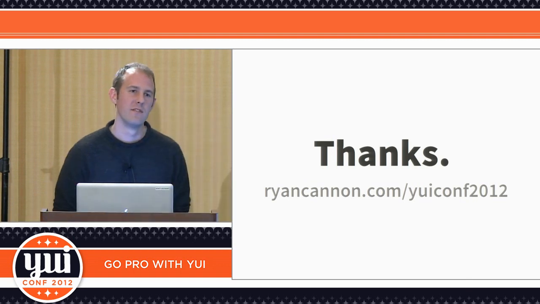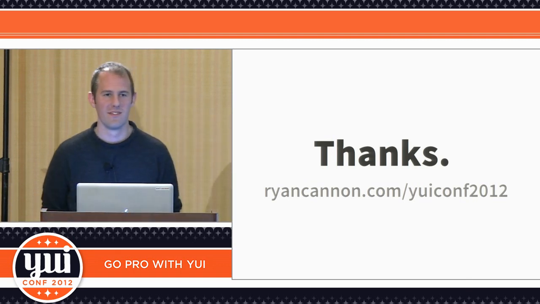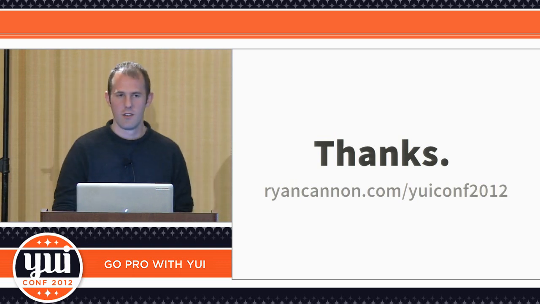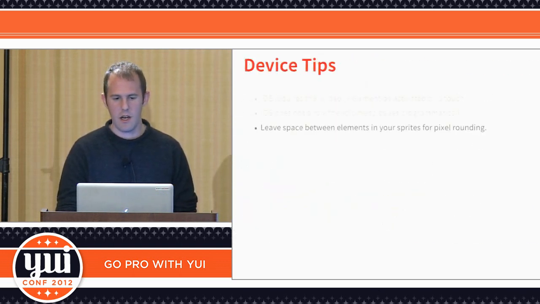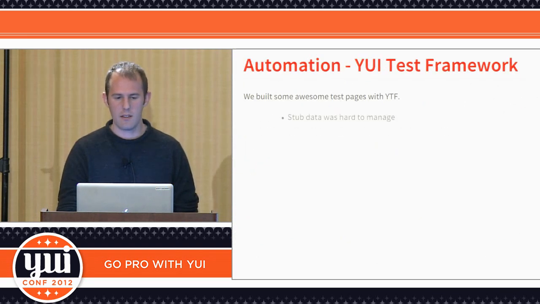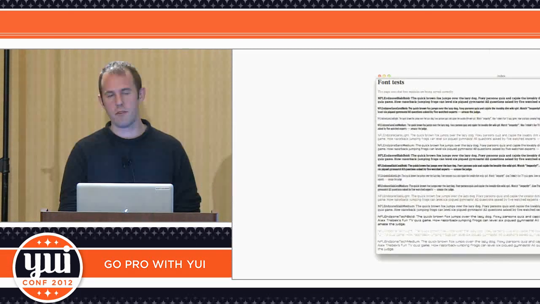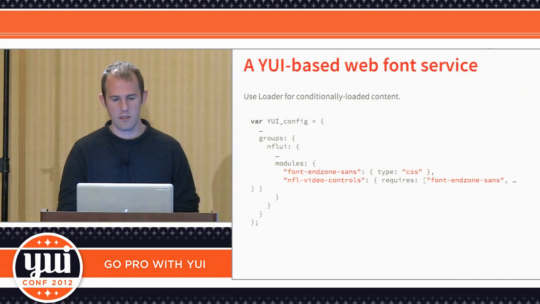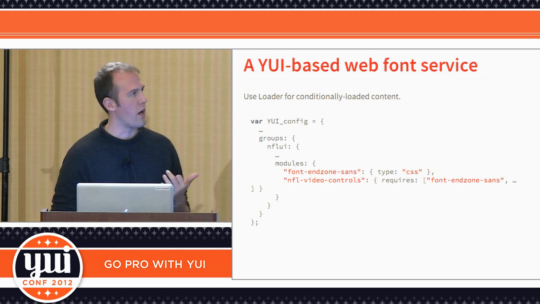Could you go over your font solution again? I saw the setup to the problem, but I missed what you did to solve it. Sure, I can back up just a little bit. The main thing we did is we define each of the fonts in their own style sheet, and we define them in modules in our own YUI group.